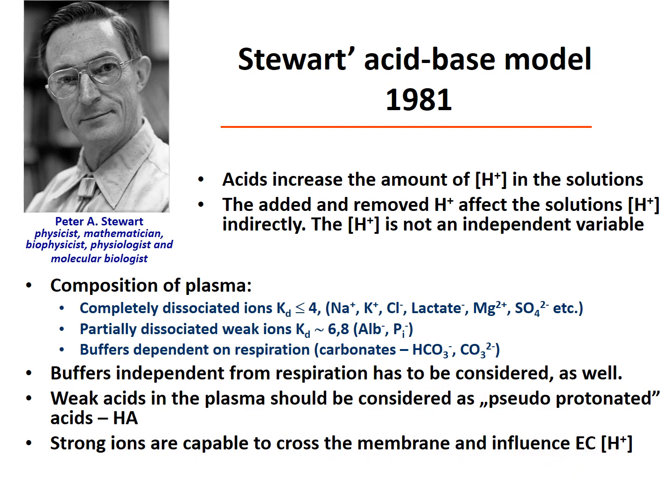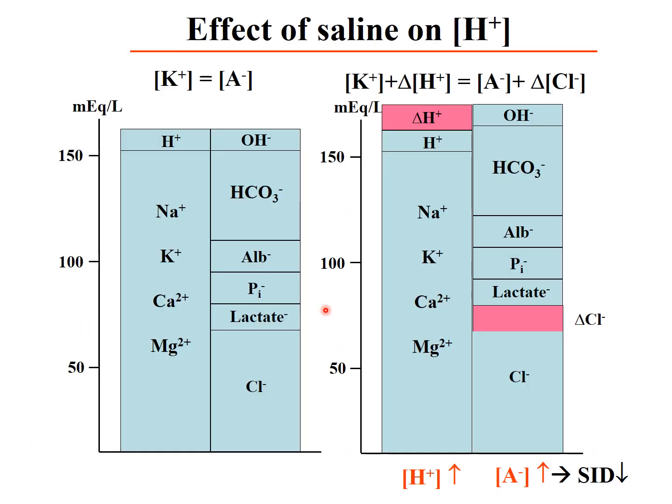This is what he says. Now let's look at the effect of saline on the proton concentration. What is the difference? When you give saline, the saline has more chloride in it. Normal plasma chloride is around 100 millimole per liter, and we give 144 millimole per liter.